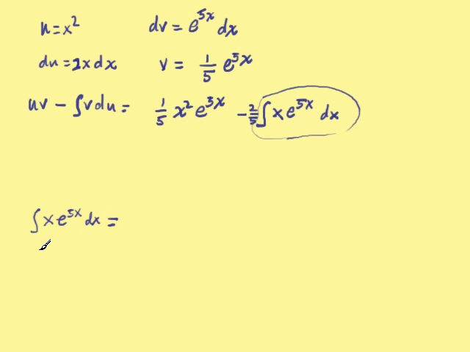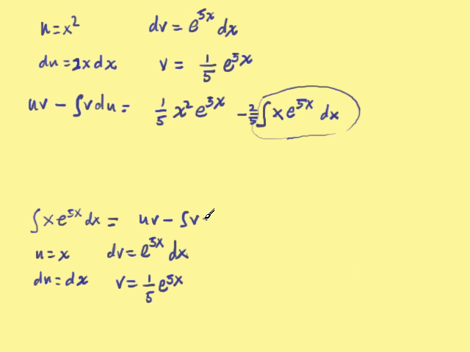So we're going to do integration by parts again. We'll put u equal to x, du is dx. And we'll put dv equal to e to the 5x dx. And v is 1 over 5 e to the 5x. Okay, so now we're doing uv minus integral v du.